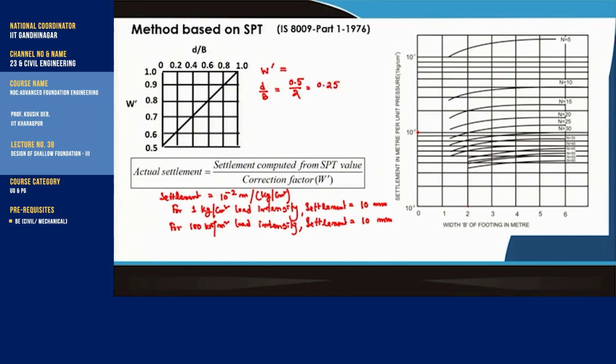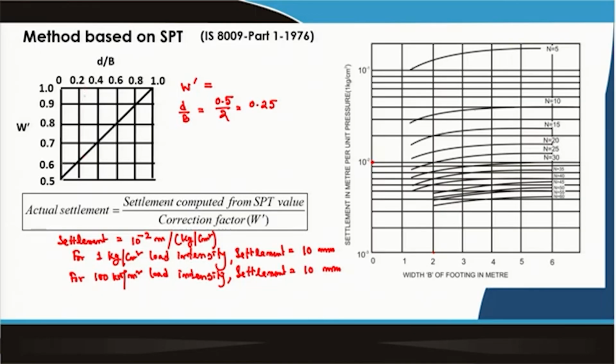So, w dash will be from the same correction factor chart, because this is 0.25, this is 0.2, so the value is 0.625. So, w dash is 0.625.